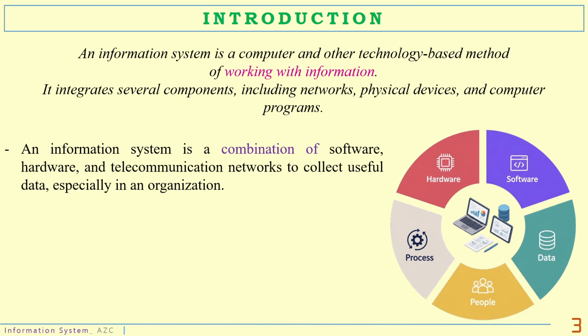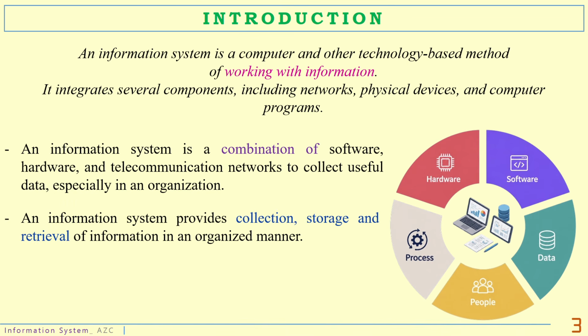An information system is a combination of software, hardware, and telecommunication networks to collect useful data, especially in an organization. An information system provides collection, storage, and retrieval of information in an organized manner. It converts raw data into meaningful information.